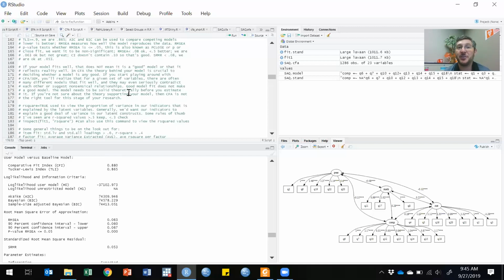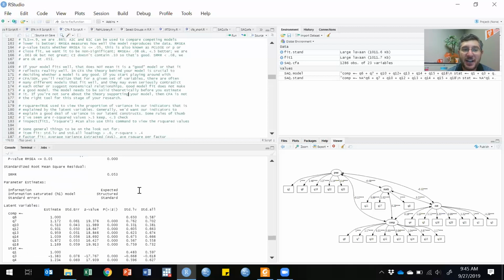You could really play around with CFA, changing up your model, and get it to have really great fit, but it might have nonsensical relationships between your variables. It might not make theoretical sense. So you really have to have a solid theory in place before you use this type of procedure. If you don't, then confirmatory factor analysis really isn't the right tool for you.